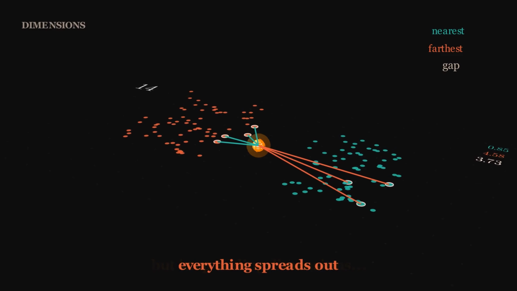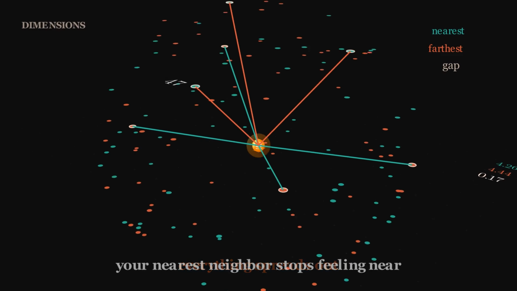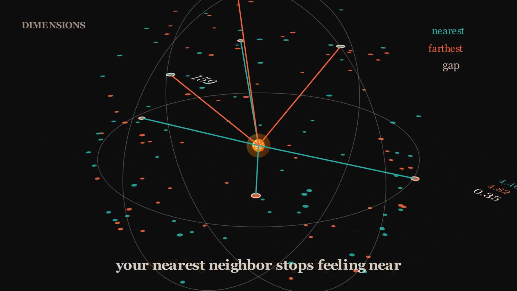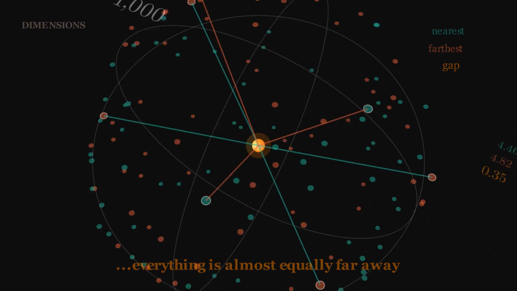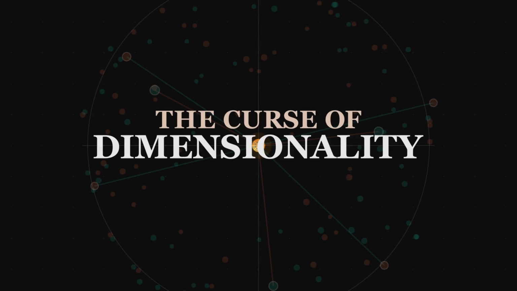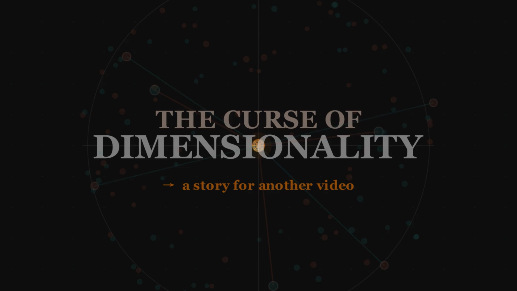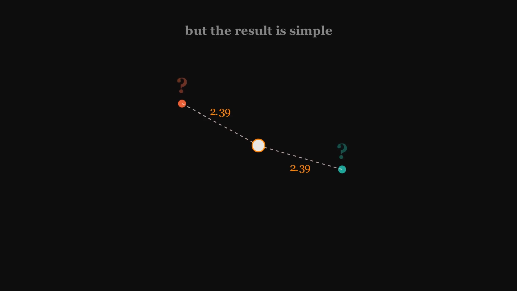Everything starts spreading out. Your nearest neighbor stops feeling near. Points that looked different distances apart start looking almost equally far away. This is called the Curse of Dimensionality. Why it happens is a story for another video. But the result is simple. Finding good neighbors becomes surprisingly difficult.